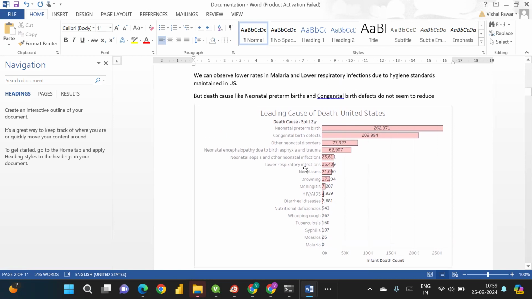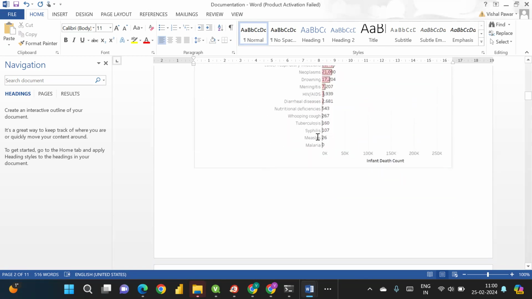Also, less air pollution has reduced respiratory infections in children, but reasons like neonatal and congenital birth defects have not reduced. We have to dive deeper and identify why it's not dropping, whereas it has dropped for other countries.